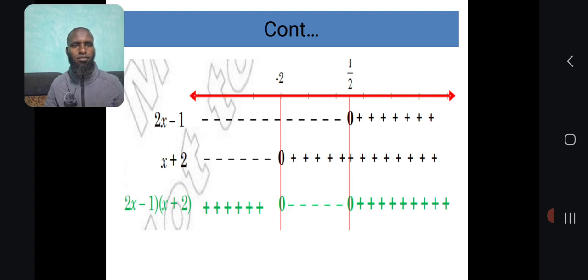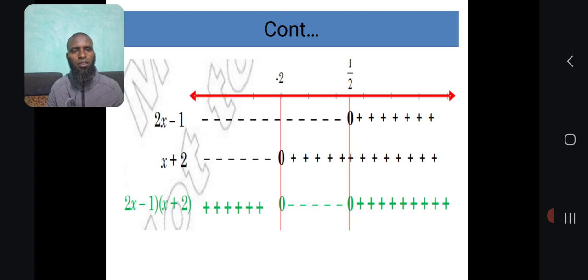That means below −2, we got the product part to be positive. That will be one of the solutions. And at and above 1/2, we will have a positive.